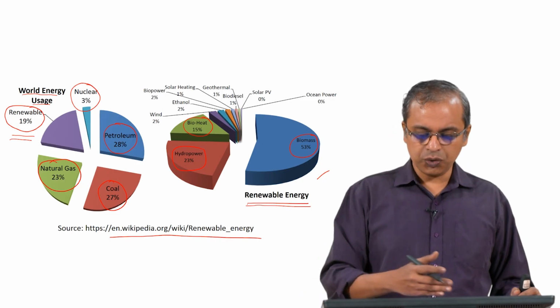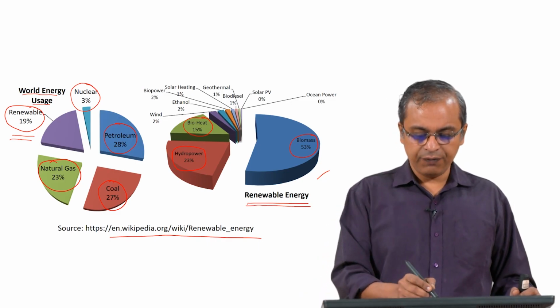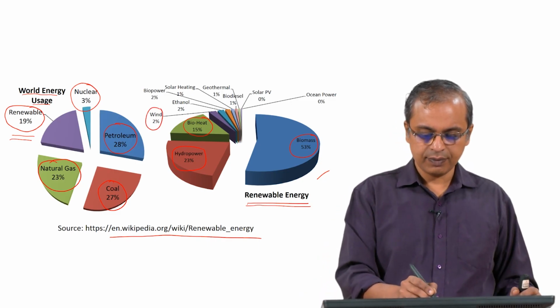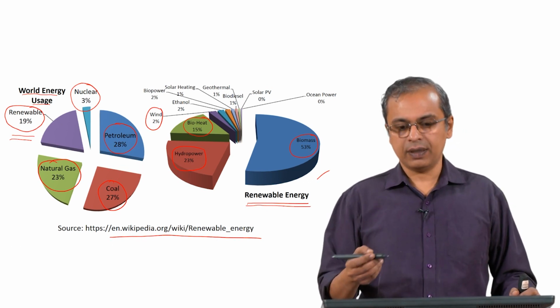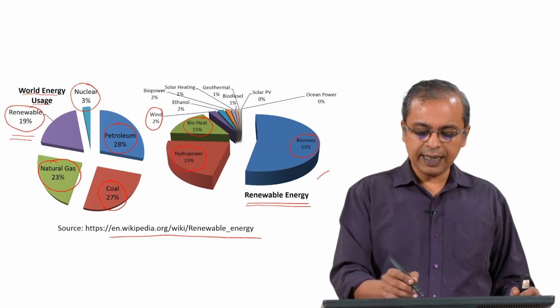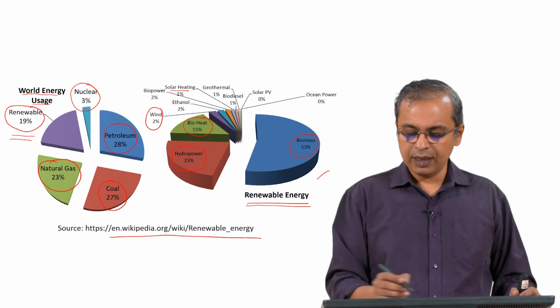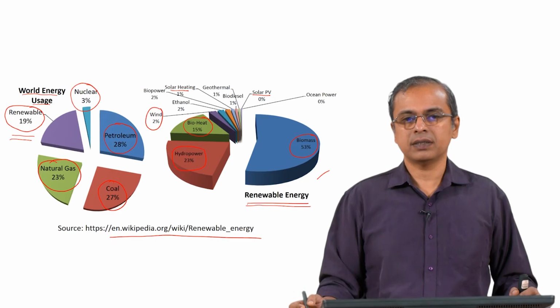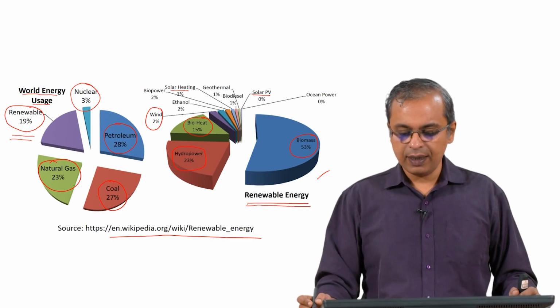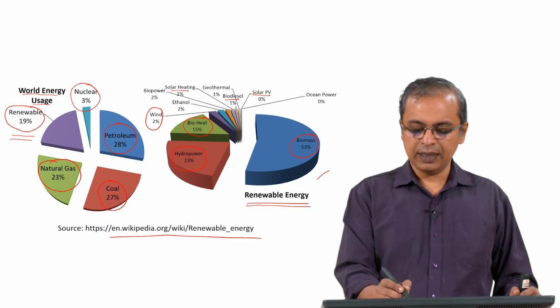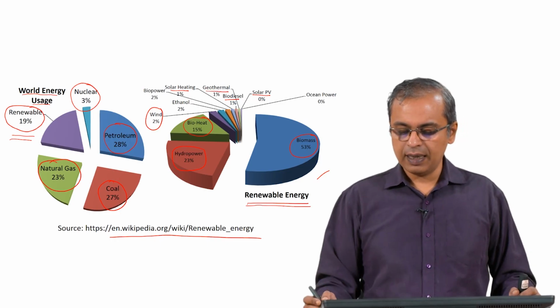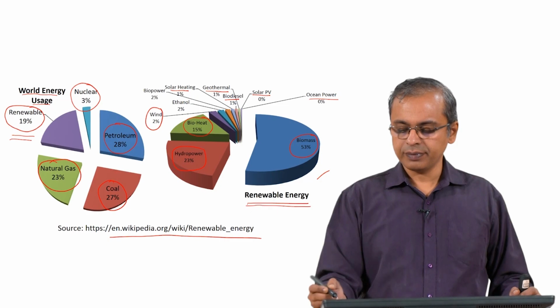So, just to run you through them, we have wind, which is about 2%, there is still something more bio, there is ethanol which can be used, there is solar heating that you see here, there is solar PV, which means photovoltaic, then there is something called biodiesel, then we see geothermal sources, and then you see ocean power.